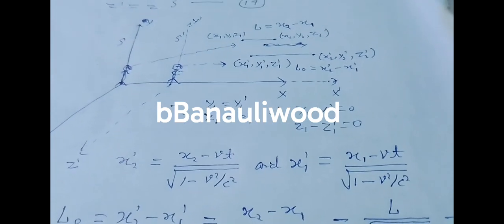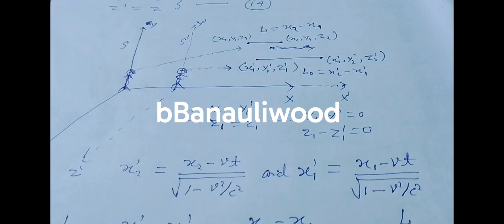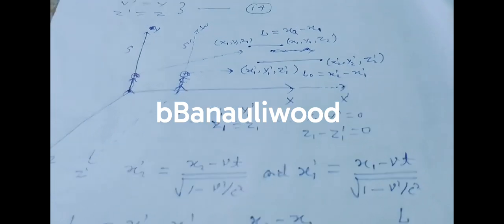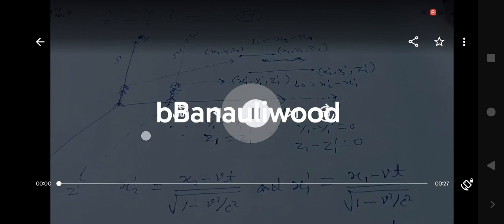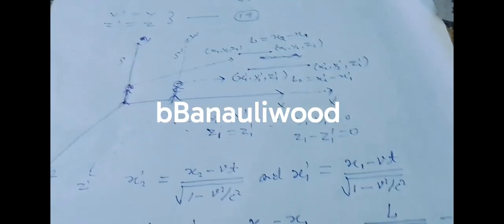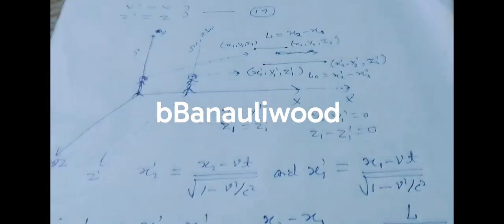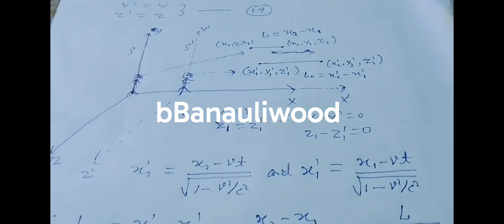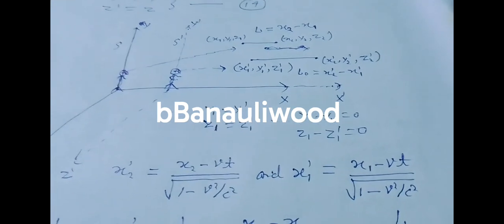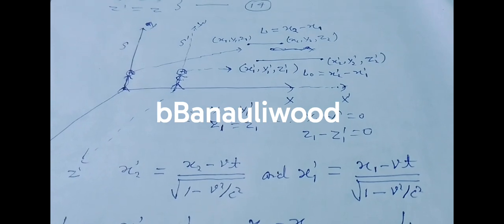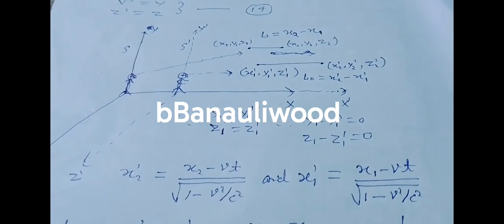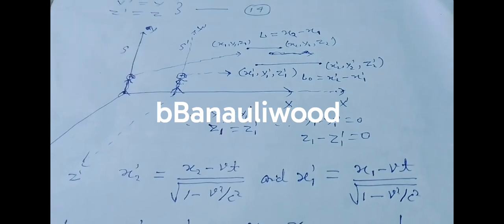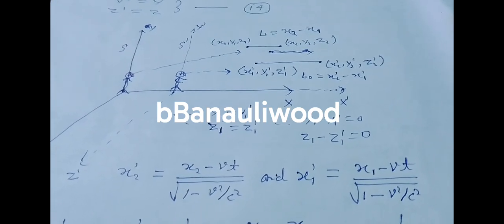Then the length of the rod as observed from S dash is L sub 0 equals x sub 2 dash minus x sub 1 dash. Here L sub 0 is the rod's length as measured in a frame of reference in which it is at rest, that is in frame S dash.